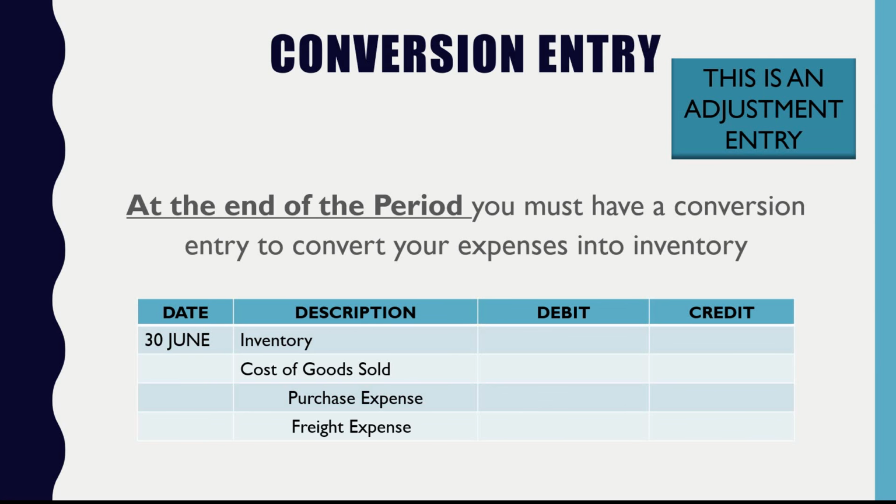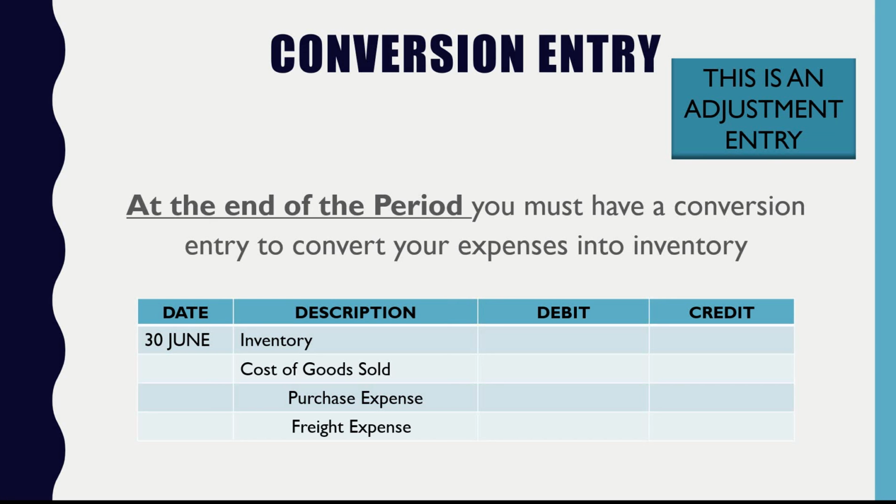Now, when we come to that conclusion where we are calculating our cost of goods sold at the very end of the given period, because we are dealing with periodic inventory, the first thing we do is purchase them as if they were expenses to the company.